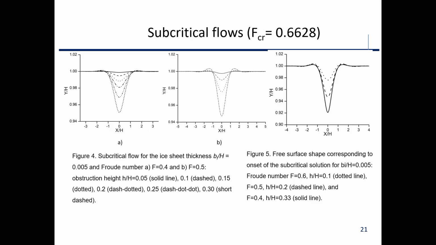But for Froude number 0.6, we can obtain a solution only for an obstruction height of 0.1. So as we approach the critical Froude number, the height of the obstruction for which a steady solution can be obtained gets smaller and smaller. Next, we consider supercritical channel flows, that is, channel subcritical flows where Froude is less than 1 but larger than the critical value 0.66.